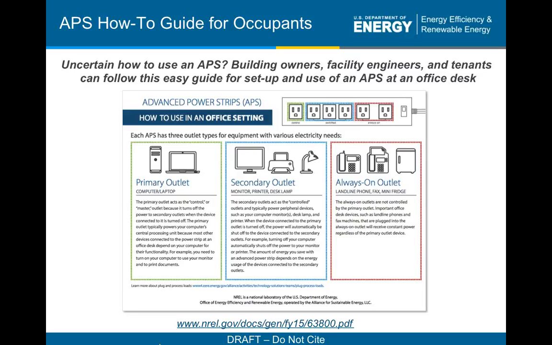So say you turn off your PC or your laptop, your monitor turns off automatically because that's in that secondary outlet spot. You might think, well, I don't want everything included in that, and that's why there's this third outlet option called the always on outlet. That's where you can include a landline phone, fax machine, a mini fridge, just certain appliances that you don't want to turn off and on based on your laptop or PC, and those can still be plugged into the power strip.